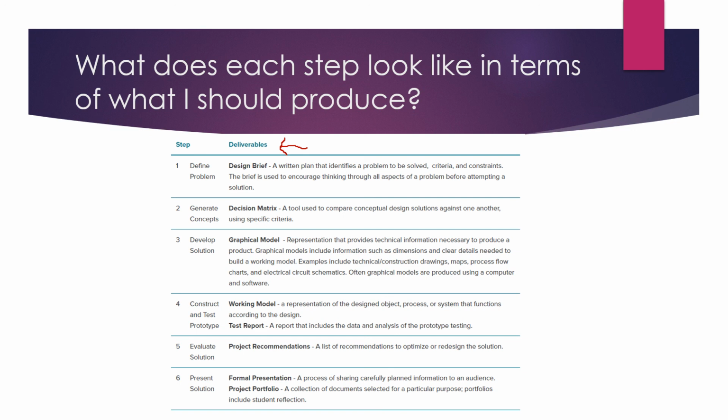Generating concepts. If you have to deliver anything, typically for this, I might want to see evidence of your brainstorming. What they have there is something called the decision matrix, which is a tool used to compare conceptual design solutions against one another using a specific criteria. So it looks something, a matrix is just an array of numbers usually.